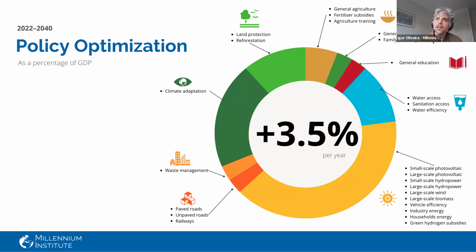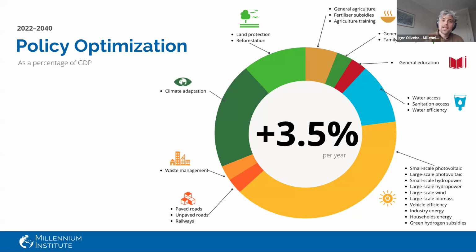So the ratio of government spending to GDP is about 40%. In this scenario, it would increase an extra 3.5 percentage points, right? But it's important to say, Fernando, that we also simulate the dynamics of public debt, right? So if there is a financing crisis created by the policies that we simulate, we would also have seen it, and we wouldn't be proposing this scenario as the best alternative to maximize SDG performance, right?